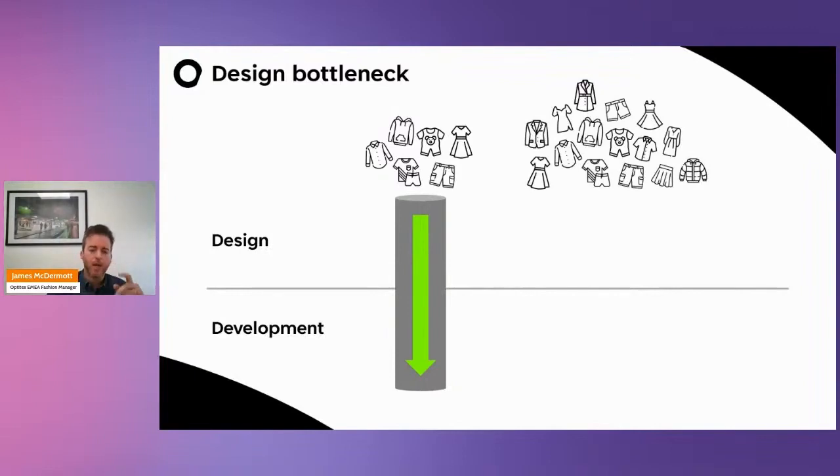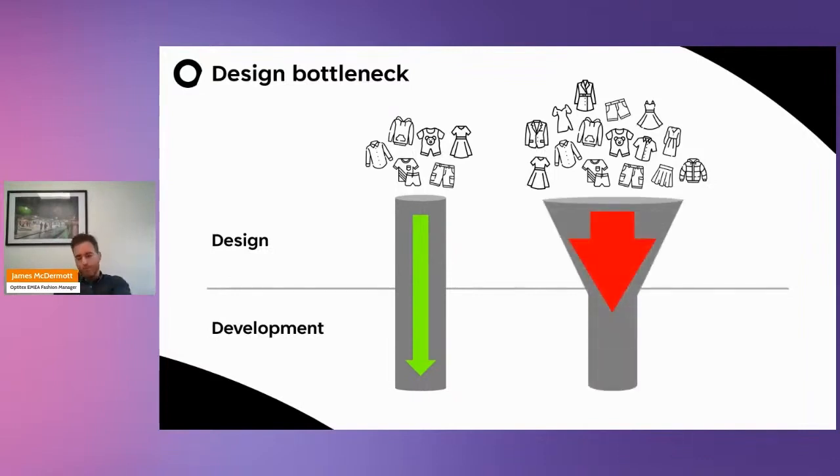But if you had to implement a 3D design focused solution first before setting up a development focused 3D foundation, you run the risk that you won't be able to develop the designs at the same rate at which they are now coming through, which, as I said, can cause a bit of a design bottleneck.